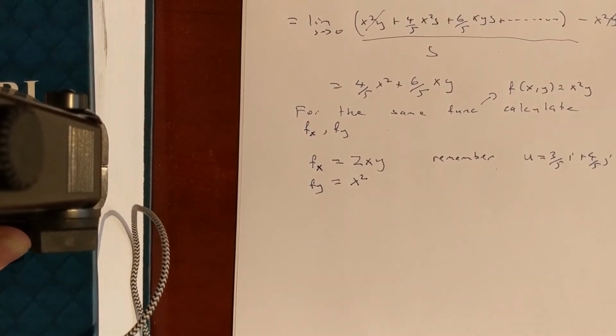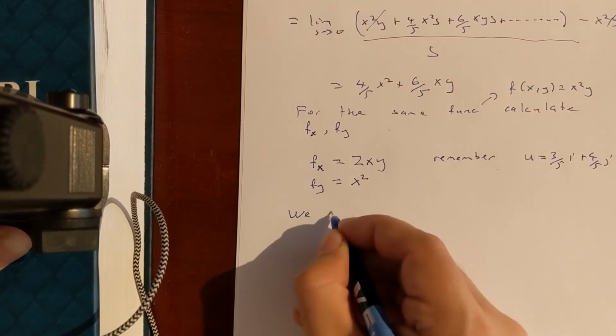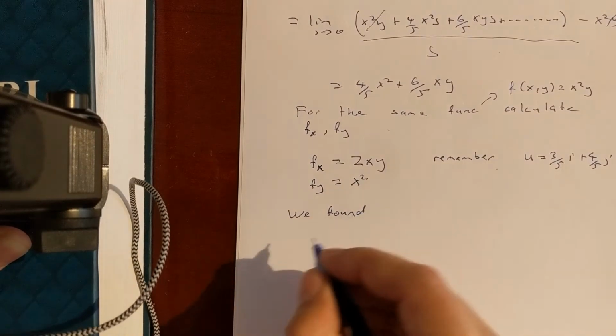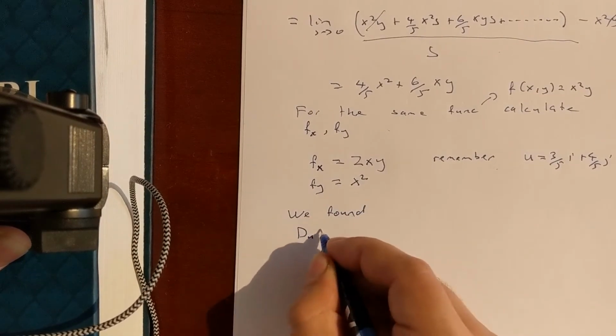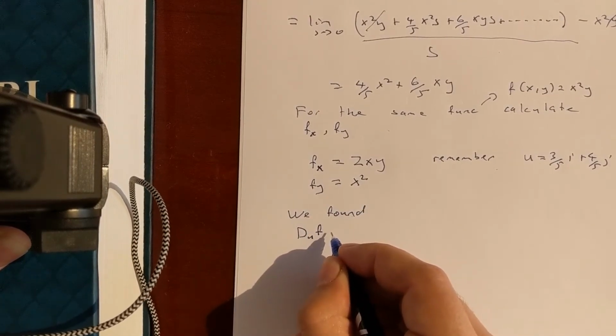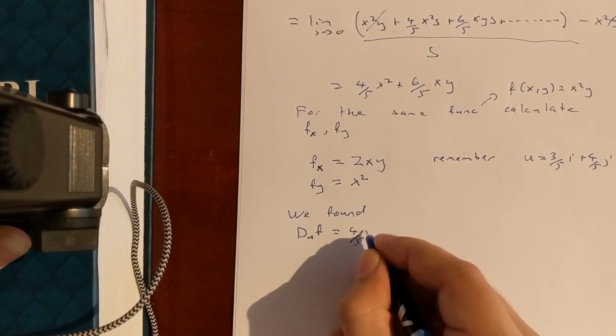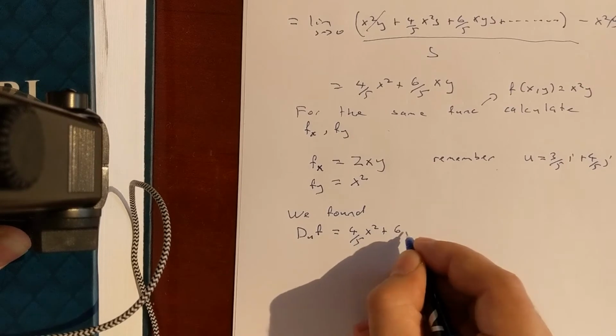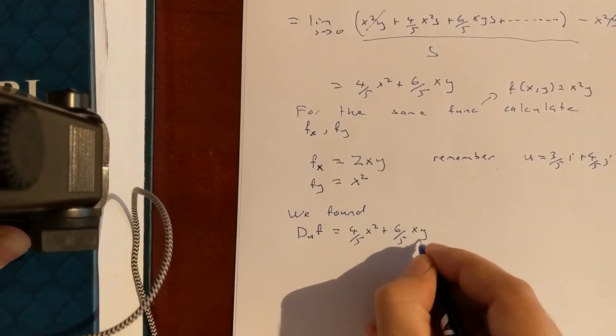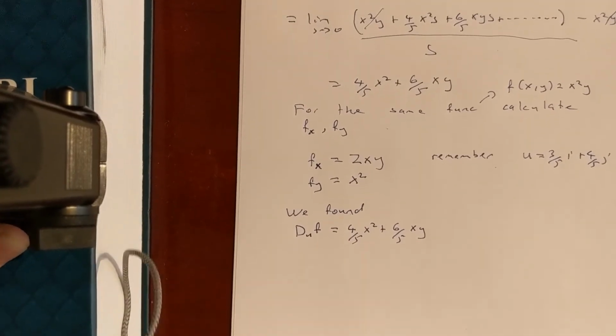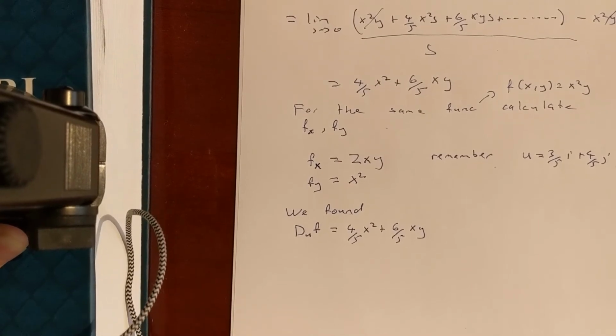And we found D_u f as 4/5 x squared plus 6/5 xy, didn't we? Now I'm just going to ask you this.